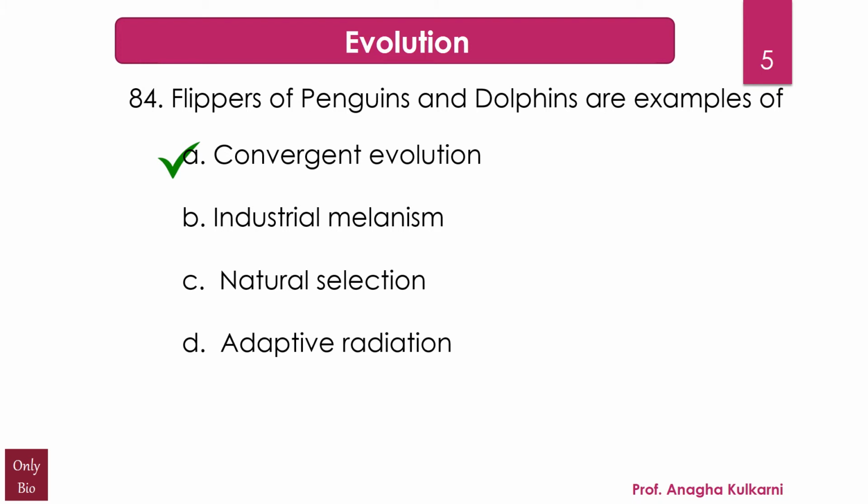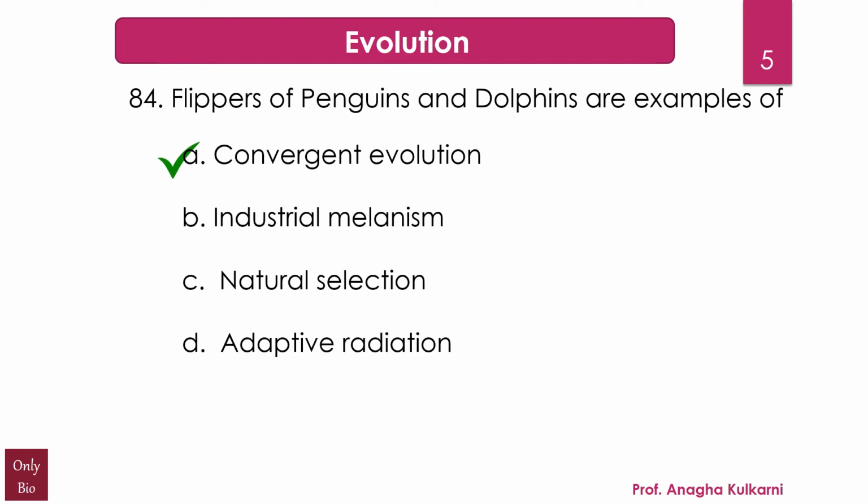Now the option C, natural selection, is the process through which populations of living organisms adapt and change. Individuals in a population are naturally variable, and they change in different ways, that is, for adjusting to the climate.